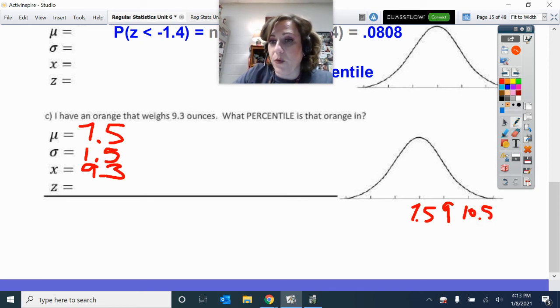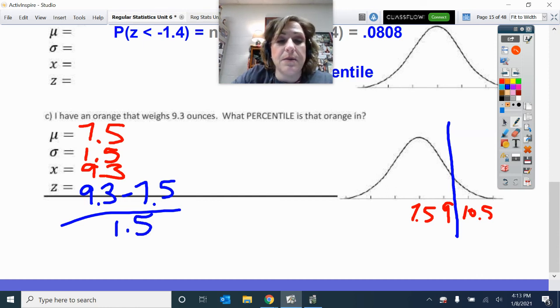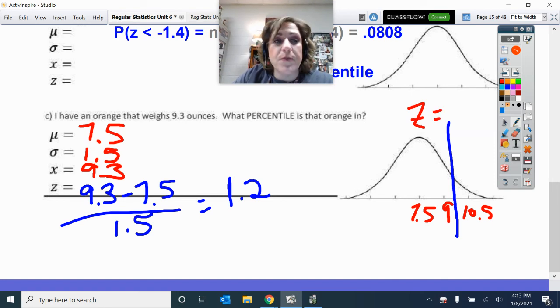All right, so 9.3 is a little bit above 9. So let's do my x minus the mean. So my 9.3 minus the 7.5 over the standard deviation. X minus the mean over the standard deviation. And interestingly enough, I think that z-score is 1.2, just like we had on problem A. So the z-score is 1.2.